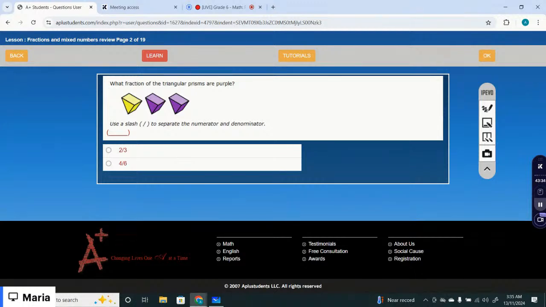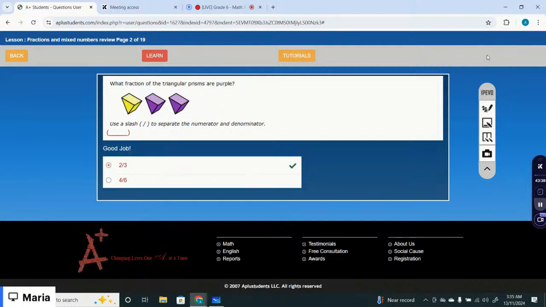Very good. Option number one is the correct option. Two of them are purple out of three. So that is 2 out of 3.